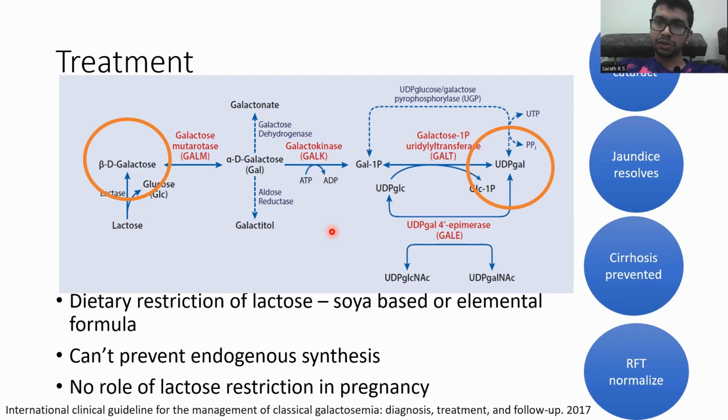In that case, they restricted lactose during pregnancy. This won't have any effect, because from the available literature, there is no difference in the outcome in galactosemia whether the mother is on a restricted galactose diet during pregnancy or not.